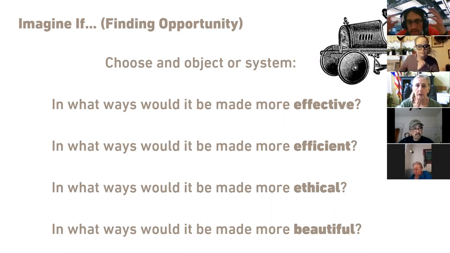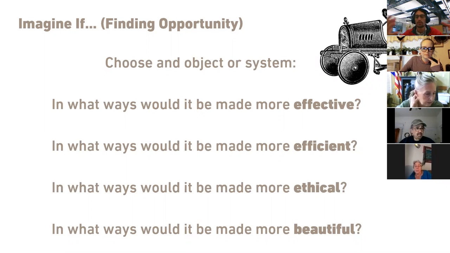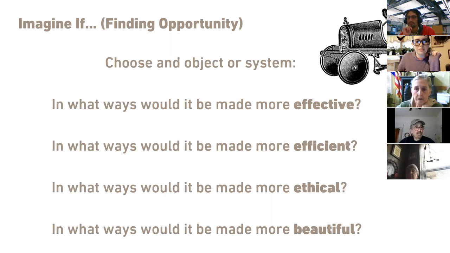And I want this to be big dreaming and encourage big dreaming. It's not saying literally how can Clint with his abilities make it more effective? In a big dream kind of way, what could be done to the laptop to make it more effective? Make it solar powered so you wouldn't have to find somewhere to plug it in to charge it.